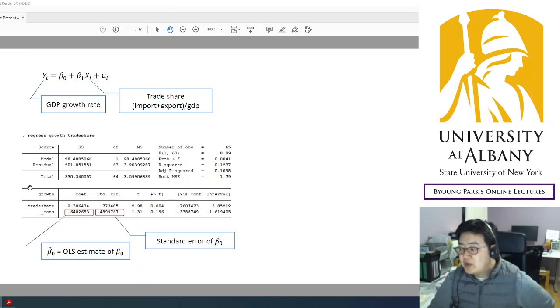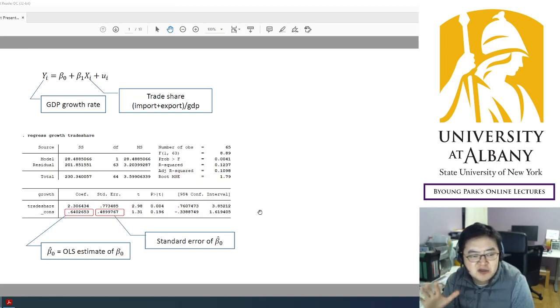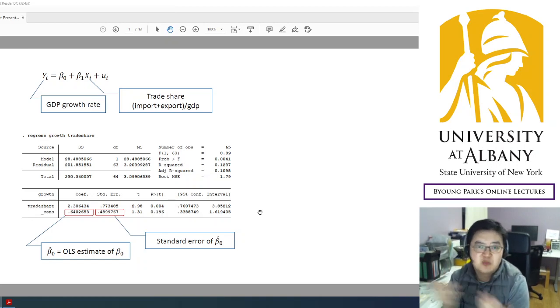I'm going to explain what they correspond to. The problem here is that some terms in the textbook are different from the terms Stata uses. So I would like to fix the confusions and match what's what, since the textbook defined them in a different way. So let's go.